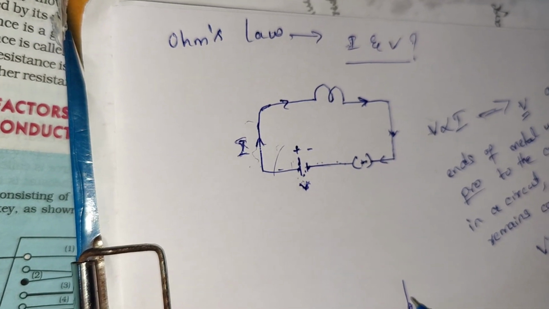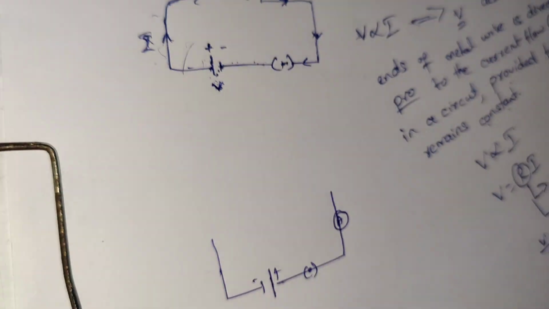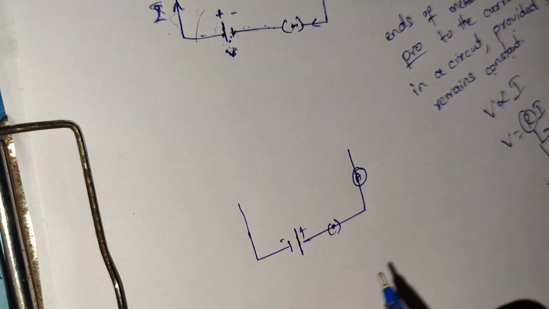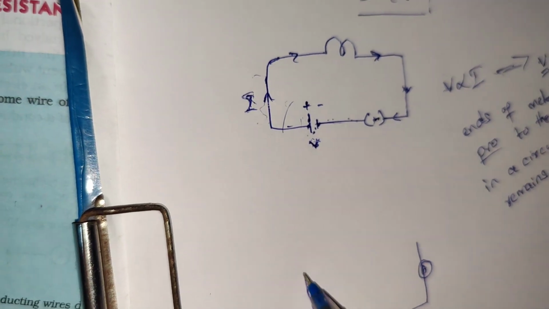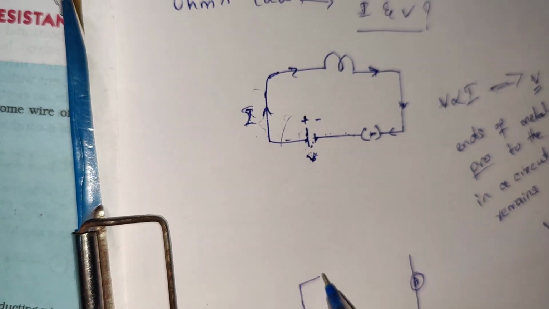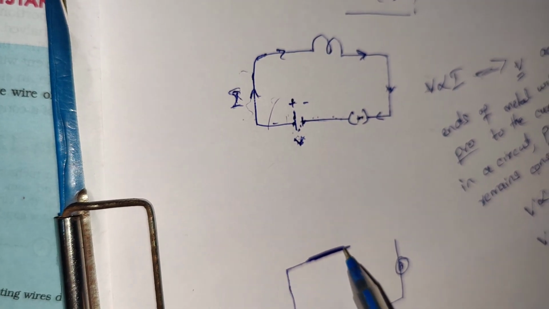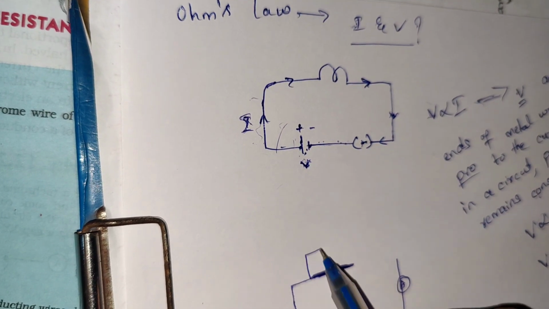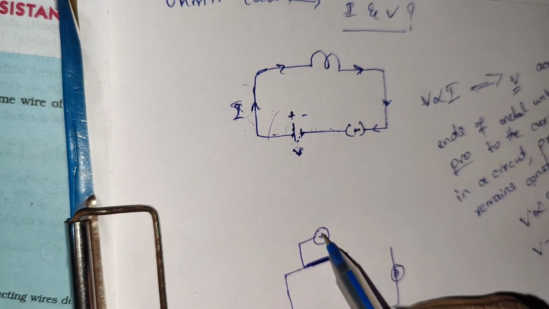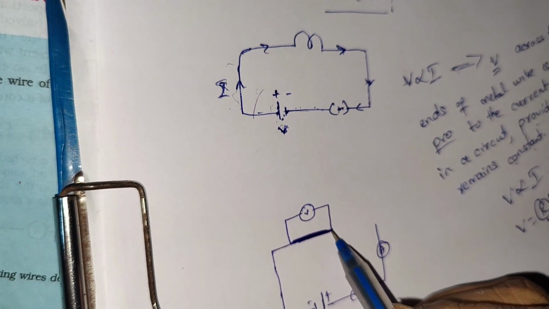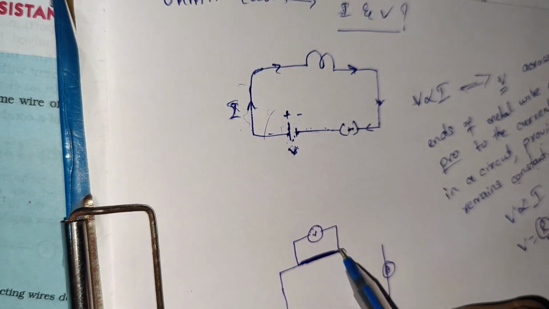An ammeter is connected with it, and a nichrome wire. Nichrome is a wire through which current does not flow easily, and a voltmeter is connected across it. So this is the first case.